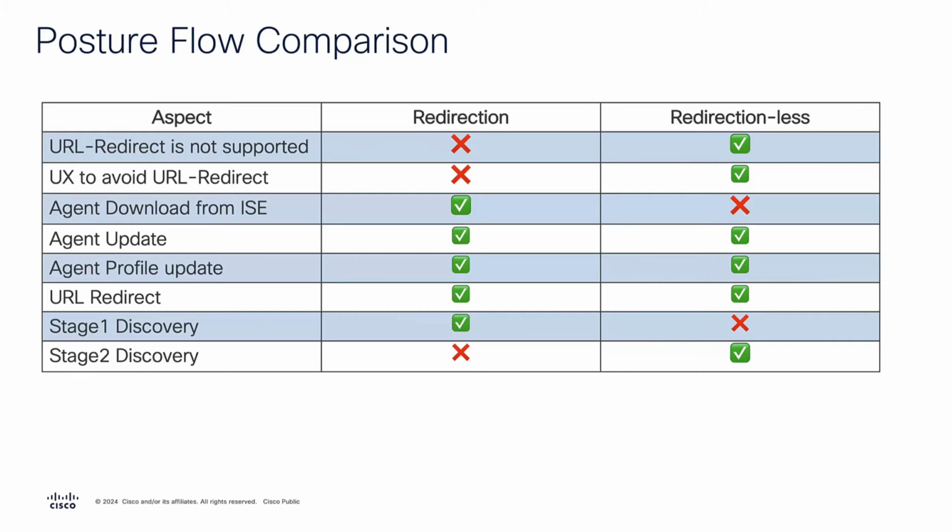The stage 1 discovery process is for the redirection flow, and the stage 2 discovery process is for the redirection-less flow. So based on your requirement, you can go ahead with a redirection flow or a redirection-less flow.